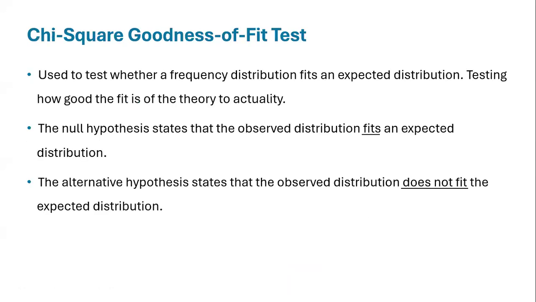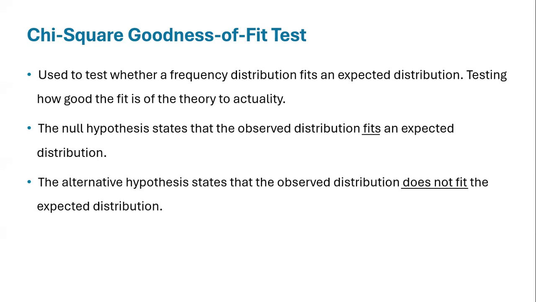So why do we use the chi-square test to see if a frequency distribution fits an expected distribution? Sometimes we have the result of a study from the past, and now we have a new sample, and we want to see whether the new observed frequency fits the expected distribution or the result from past studies.